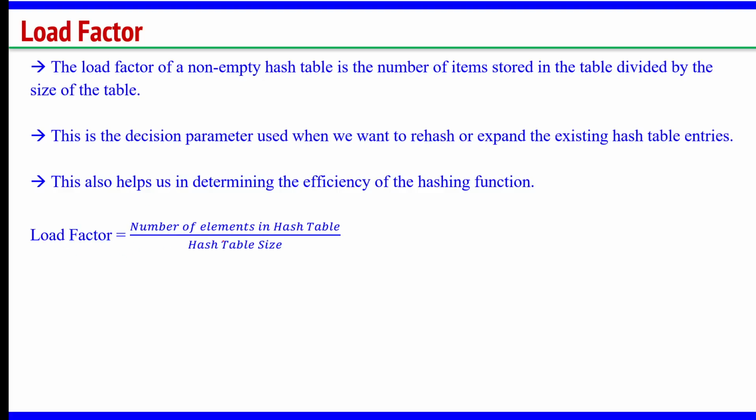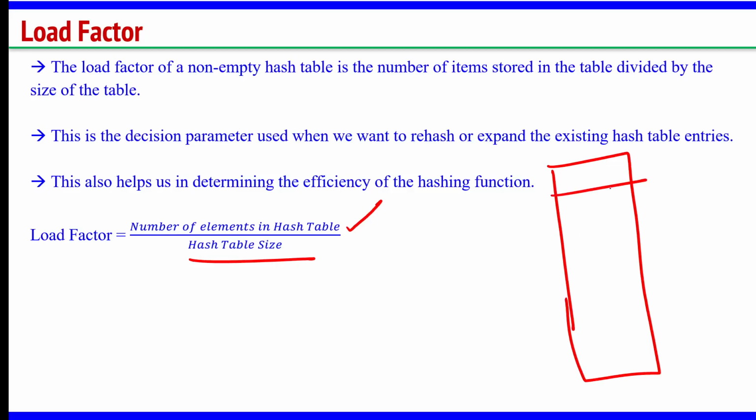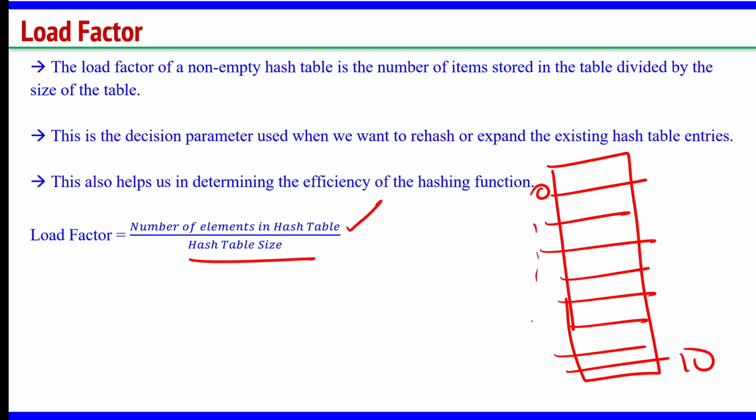Load factor is nothing but the number of elements in the hash table divided by the hash table size. This should be high. If you have a hash table of size 10, for example, with indexing from 0 to 9, and I have filled only 3 elements, then the number of elements in the hash table is only 3, divided by hash table size 10.